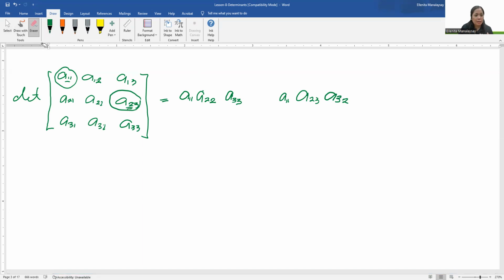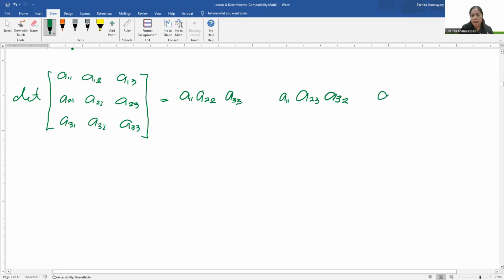Iyon ay kinuha natin yung entry sa first row. So, pwede rin naman na mag-start tayo sa second column. A12. First row, second column. So, yung susunod na entry, pwede manggaling sa first column or pwede manggaling sa third column. So, sabihin natin, A21.